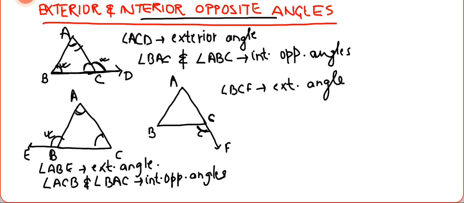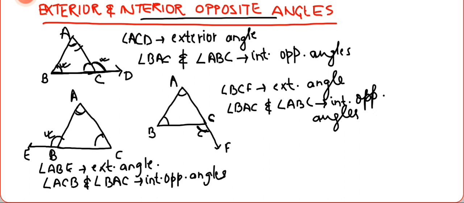Okay, this is the exterior angle, and opposite to this on the interior side are these two angles, that is angle BAC and angle ABC. These are the interior opposite angles for the exterior angle BCF.